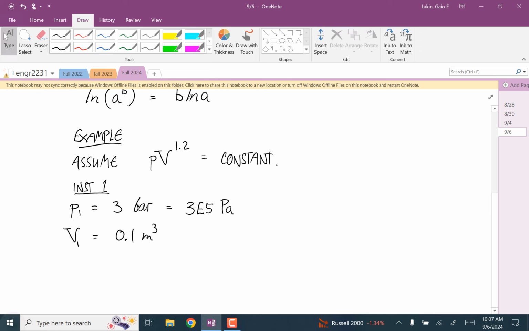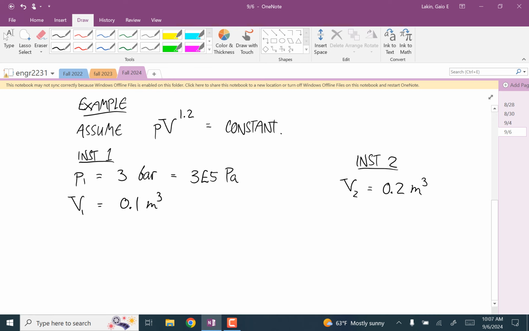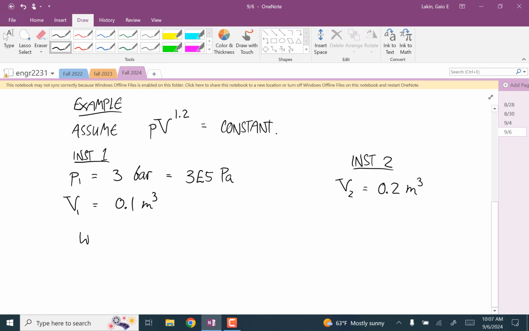And then at instant 2, we don't know what the pressure is, but we know the volume is 0.2 cubic meters. And the question is, what's W for this process?